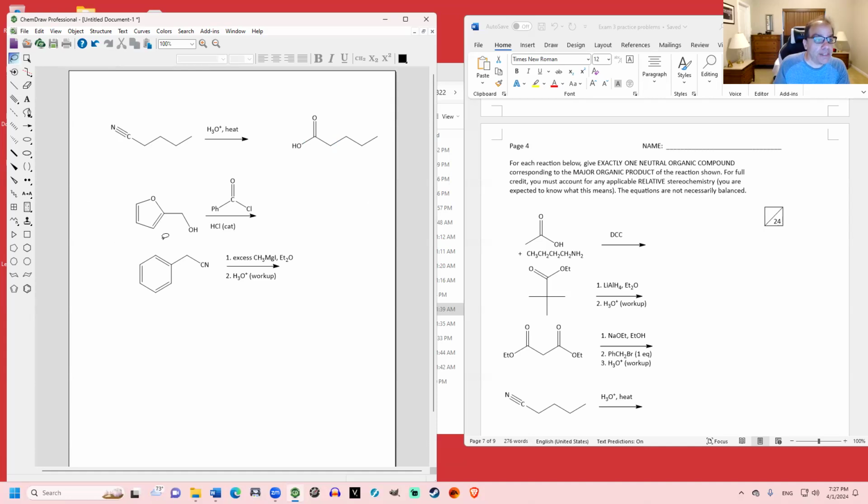The next one is treating an alcohol with an acid chloride. So this is alcoholysis of an acid chloride, actually in acidic solution. It doesn't really matter whether it's acidic or alkaline for these purposes because the product's the same, and you will get an ester.